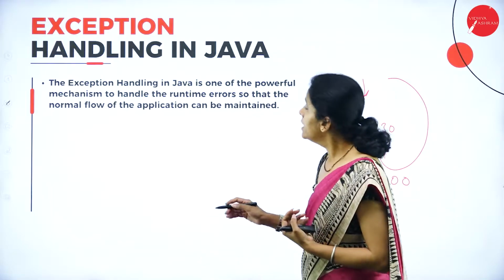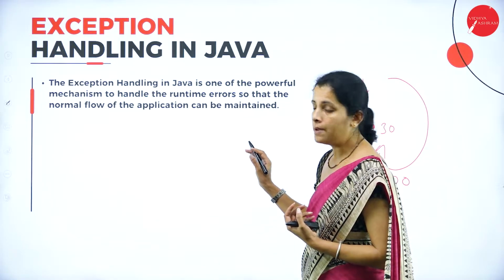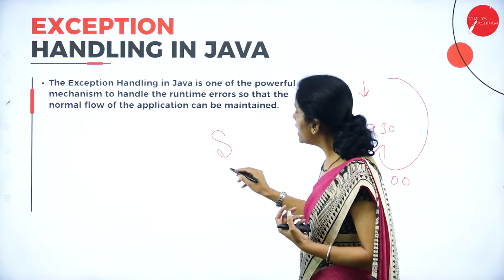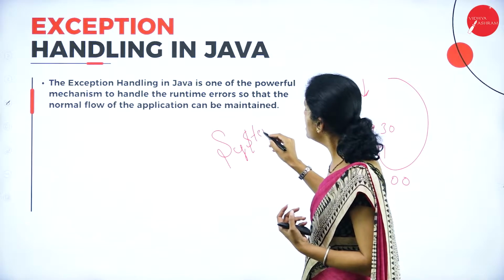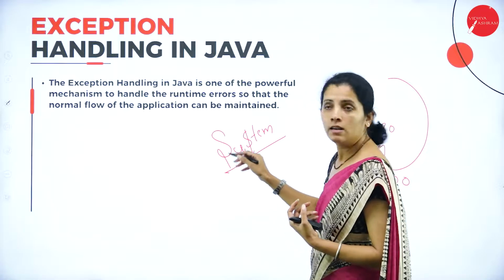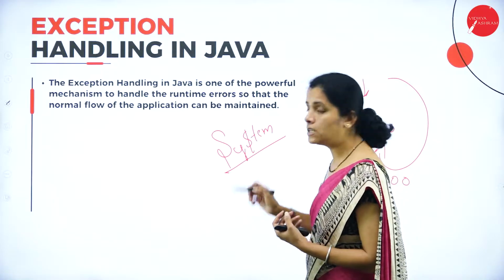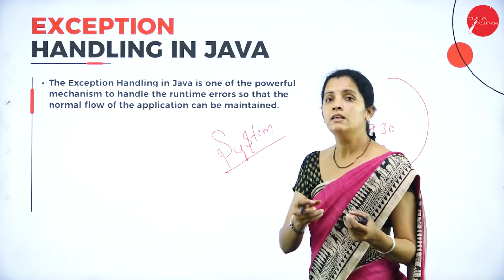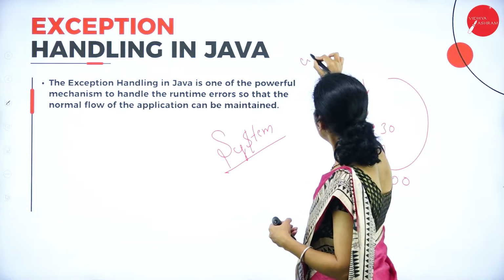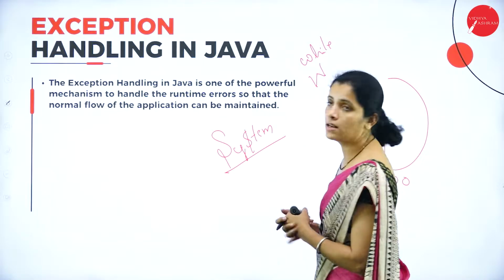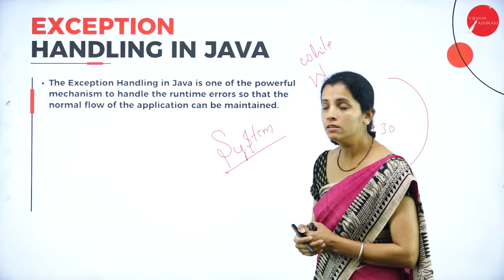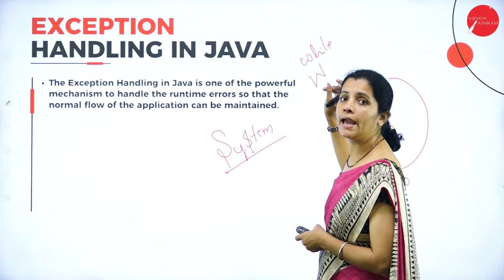Think that in Java, suppose I want to write system, with the starting letter in uppercase. Instead of writing while in small letters, if I write capital letter While, what's going to happen? That is nothing but the error.